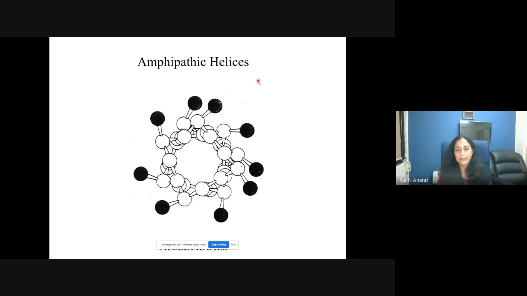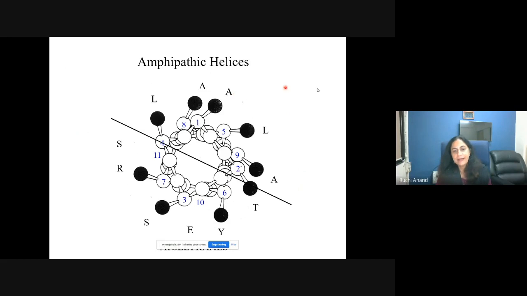So let's look at an amphipathic helix, and we'll actually put in amino acids now. The first amino acid is alanine, second threonine, third serine, then leucine again, then tyrosine, then arginine, then alanine. The last one is alanine again, the second last is alanine, and then you have glutamic acid and serine.